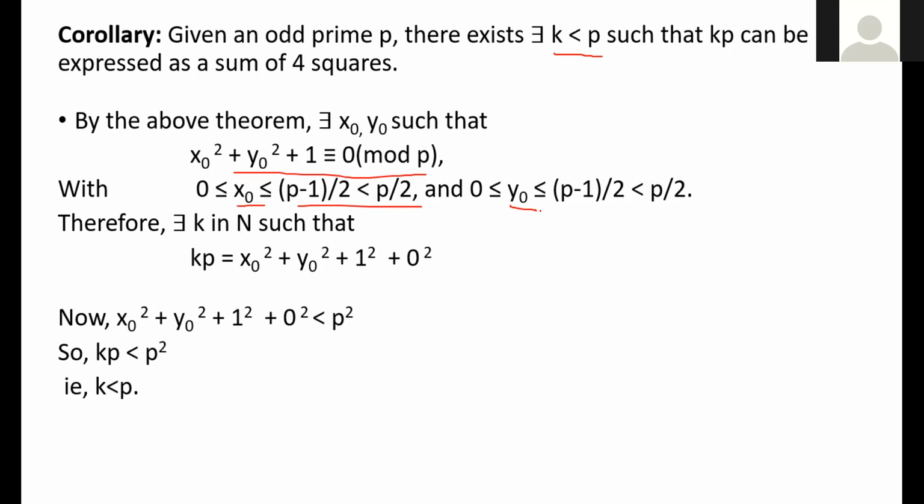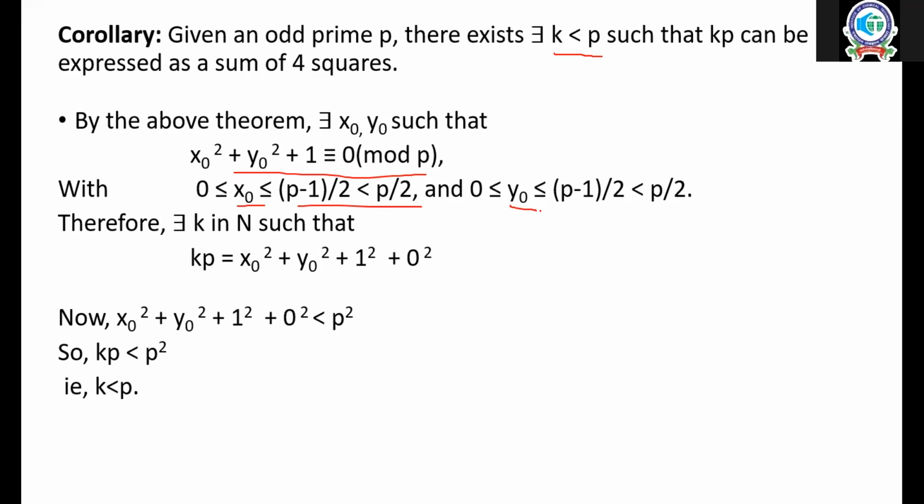I'm not clear about what you are doing now. So you told that x naught square plus y naught square plus 1 is congruent to 0 mod p, where x naught is less than p by 2 and y naught is less than p by 2, then x naught square plus y naught square plus 1 is less than p square, that is clear.